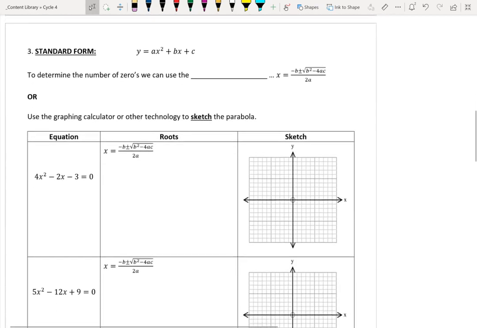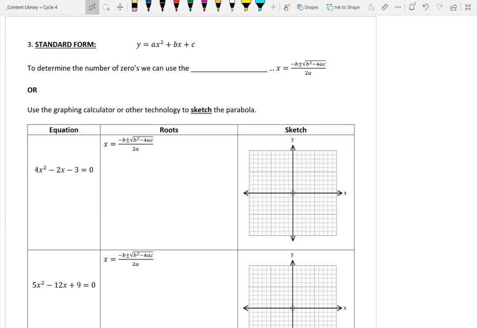Finally, standard form. To determine the number of zeros in standard form, we have to use the quadratic formula, which was our last lesson. So our quadratic formula: x equals -b plus or minus the square root of b squared minus 4ac, all divided by 2a.